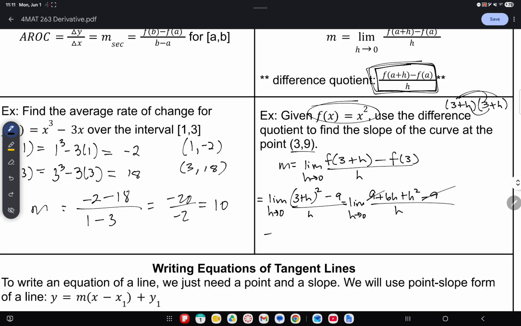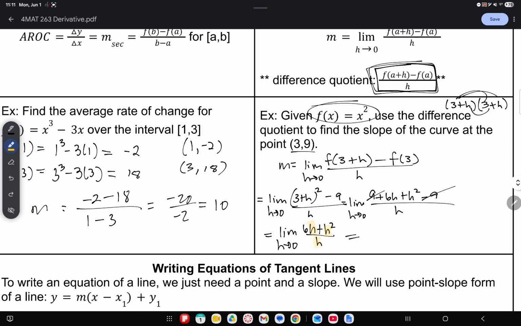I can cancel those out. And I got 6h plus h squared all over h. And if you notice, each of these terms has an h in it. Let me highlight that little h down here. Okay, well, they all have an h.